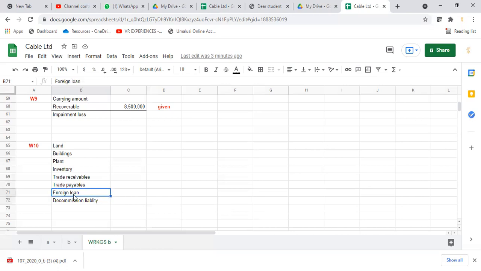The foreign loan, we're including because the foreign loan relates to the plant, and the plant forms part of the CGU. So anything relating to the plant also needs to form part of the CGU. If the plant wasn't there, we wouldn't have had the foreign loan. So because the plant is included in the CGU, the foreign loan must also be included in the CGU.